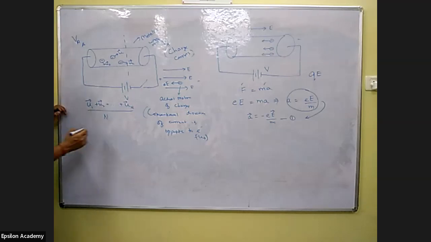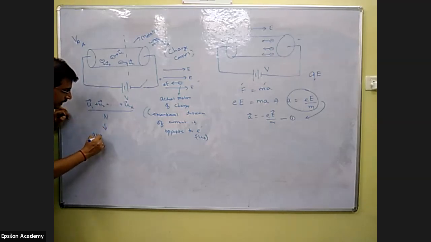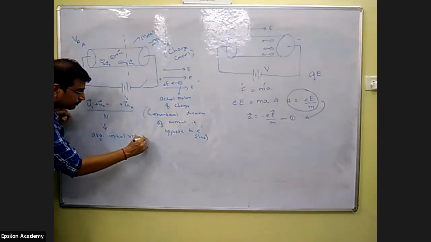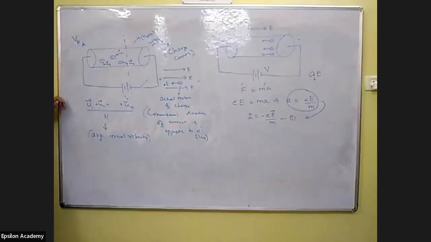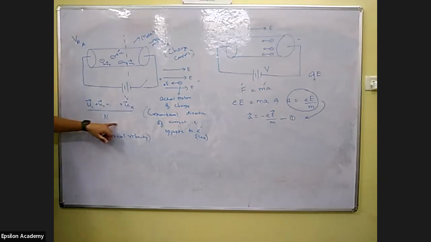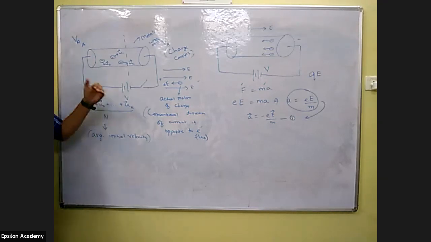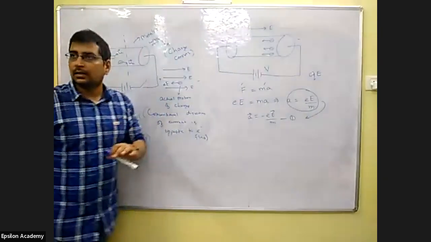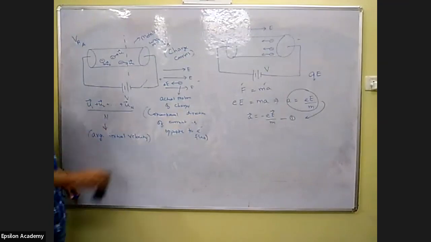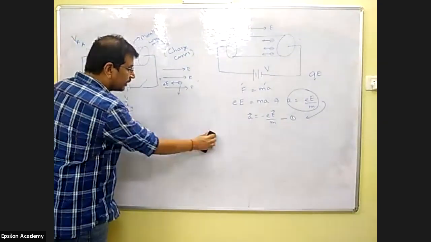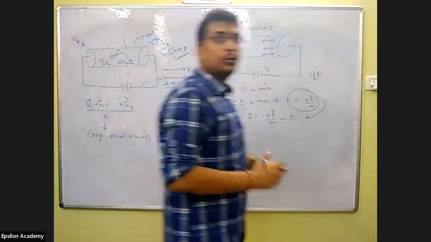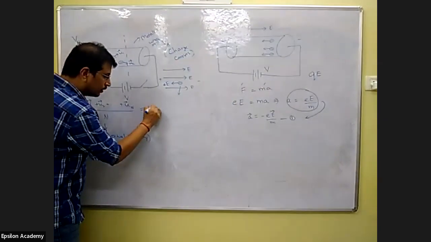Can I call this the average initial velocity? Yes or no? That is, before you connected the battery, this is what happened. But before you connect the battery, logically, what should not be present? Current should not be present. If current should not be present, then what should be the mathematical value of this average initial velocity? It should be zero, right?